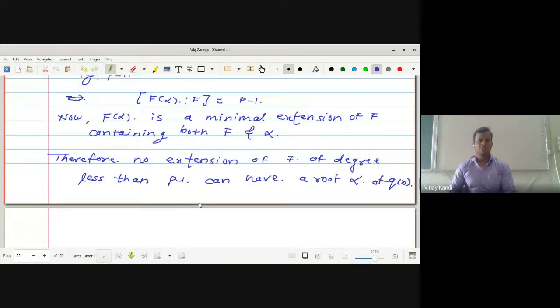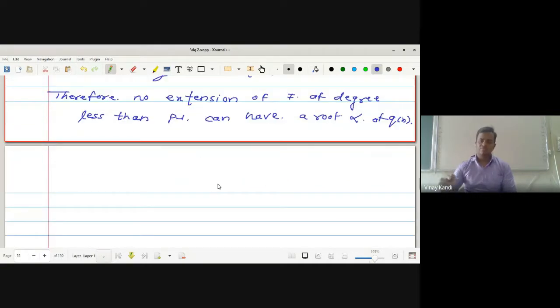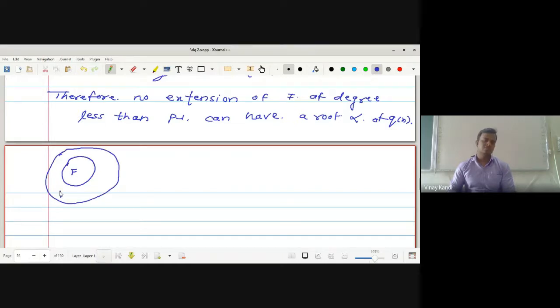Is this statement correct? This one is F, and this one is F of alpha.